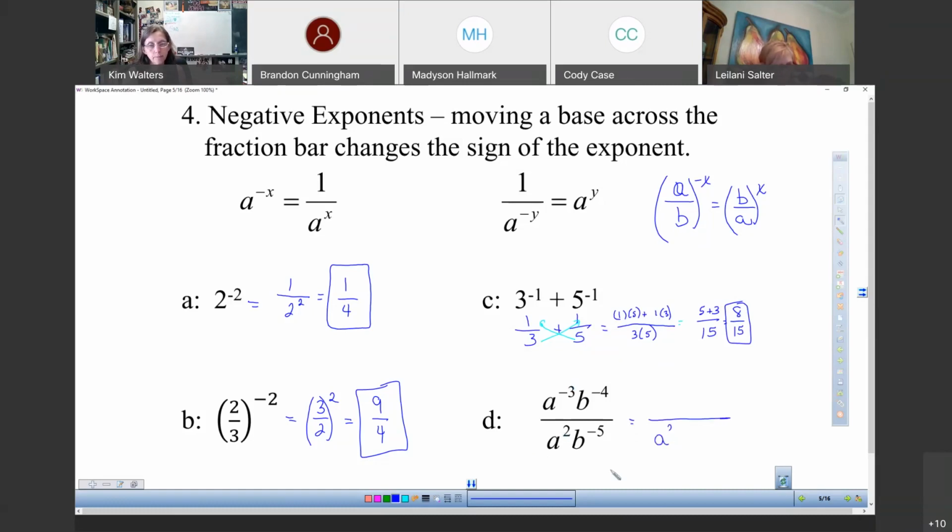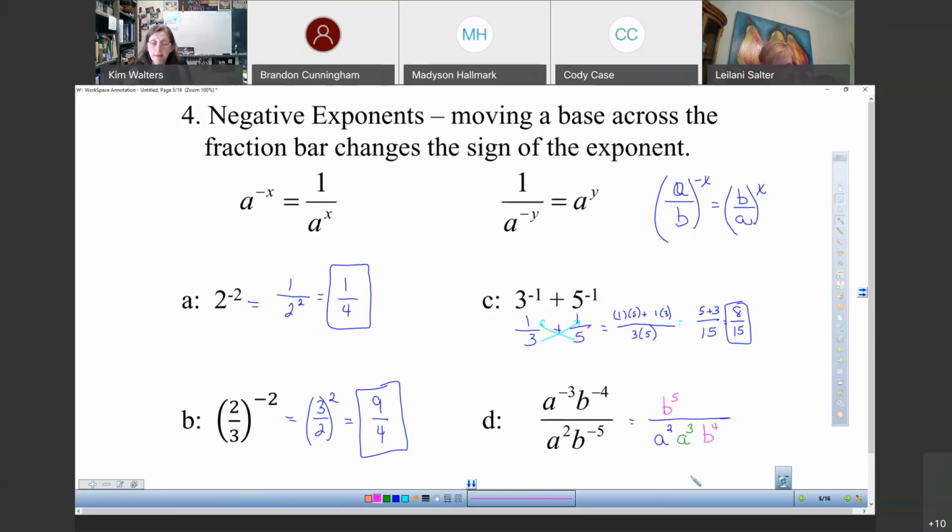It's not going anywhere. This a to the negative third power, I'm going to move to the denominator because I need my exponent to be positive. And b to the negative fifth power, I'm going to move to the numerator. And b to the negative fourth power, I'm going to move to the denominator.